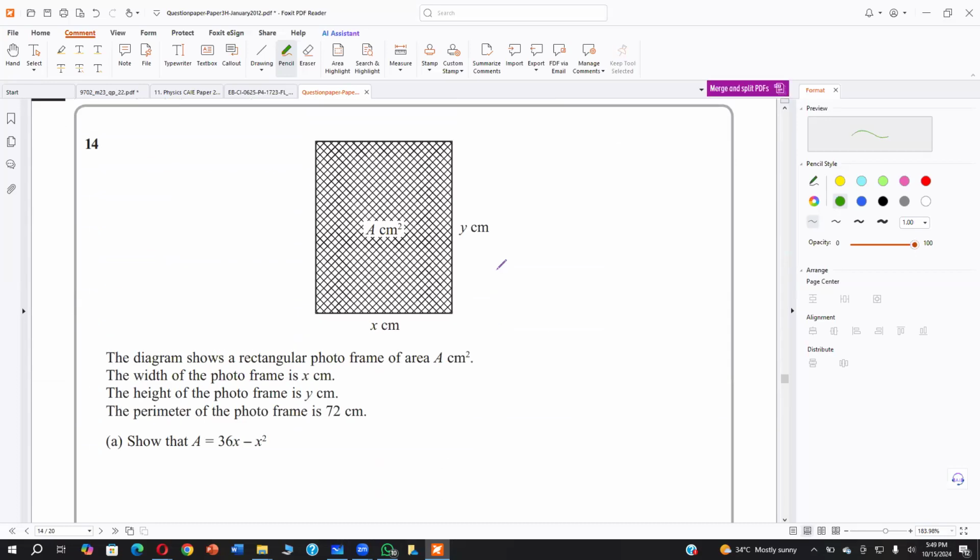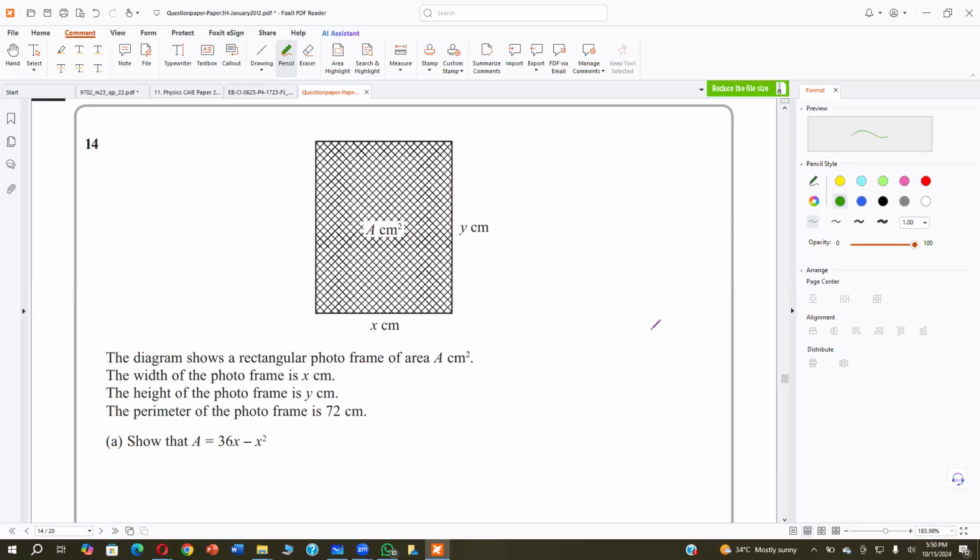See question number 14. The diagram shows a rectangular photo frame of area A. The width of the photo frame is X. Height of the photo frame is Y. The perimeter of the frame is 72.